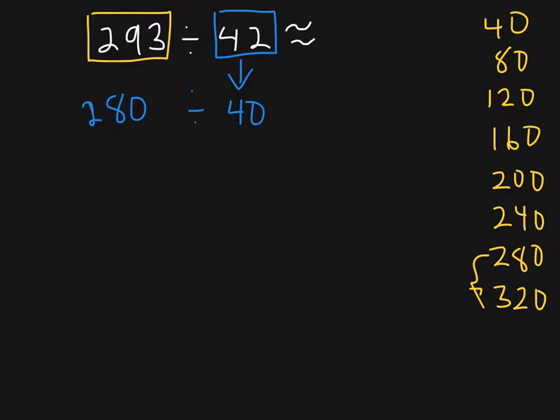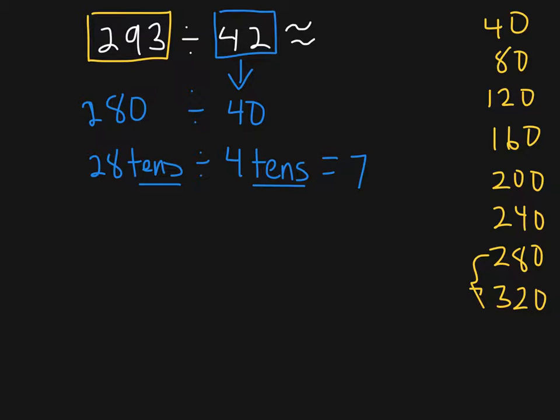And 280 divided by 40, I could think of this as 28 tens divided by 4 tens. And since I have tens divided by tens, I know my answer will be in ones. And 28 divided by 4 is 7.